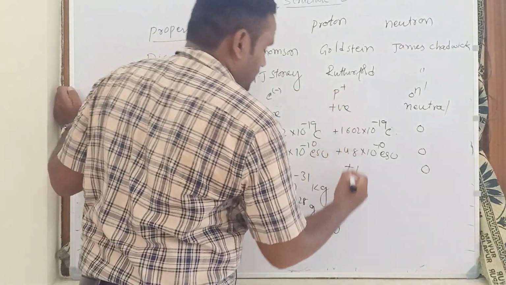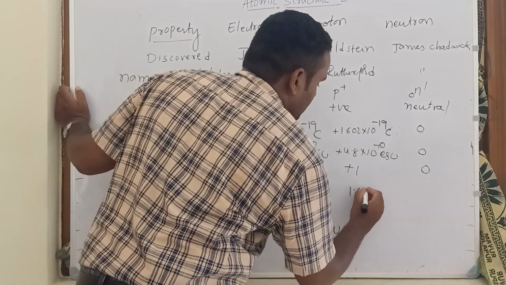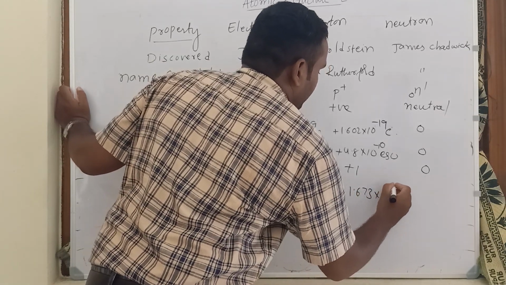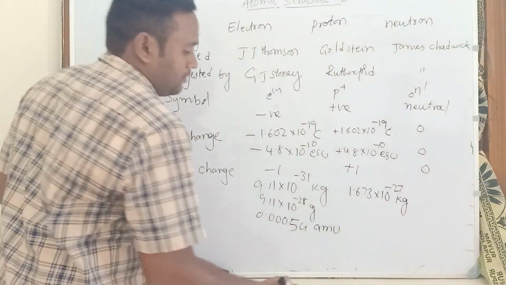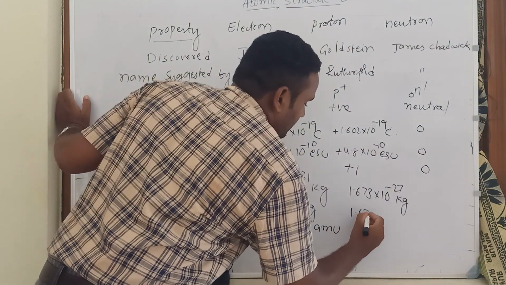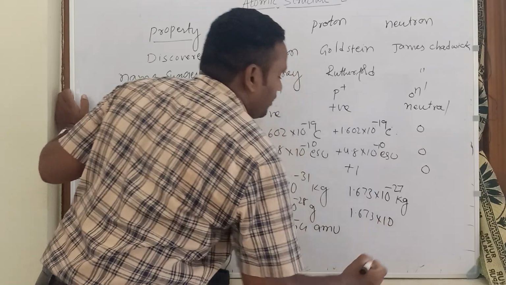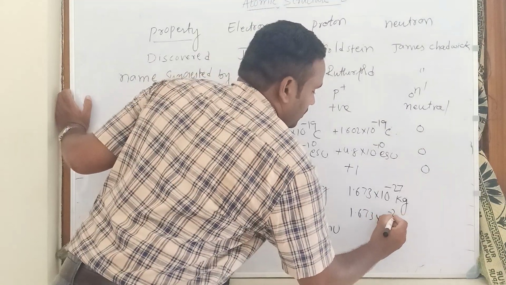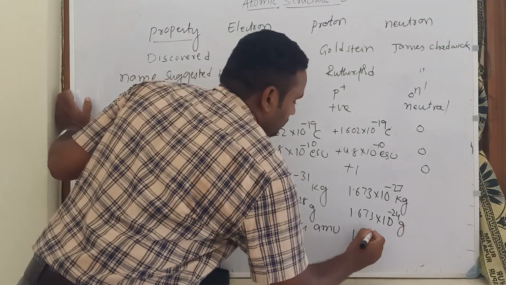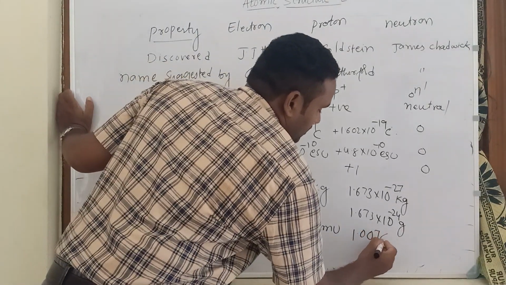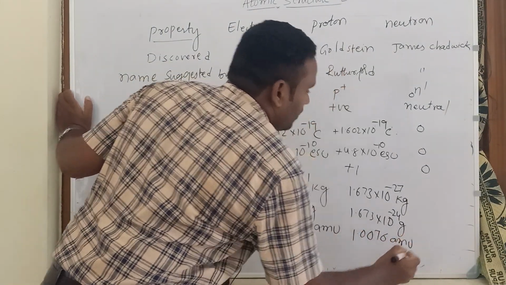And what is the mass of the proton? That is 1.673 × 10^-27 kilograms, or 1.673 × 10^-24 grams, or 1.0076 AMU.